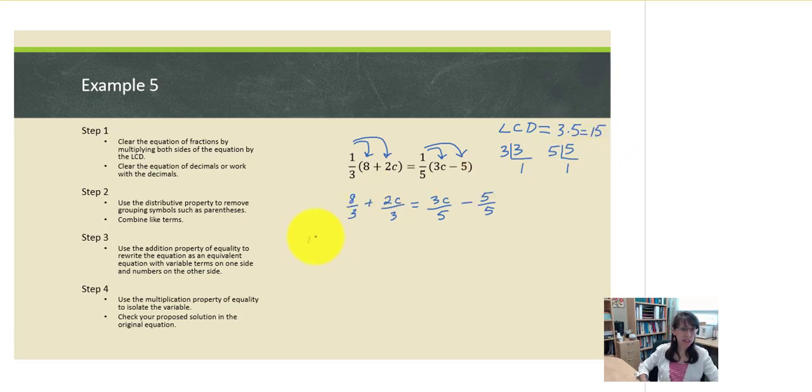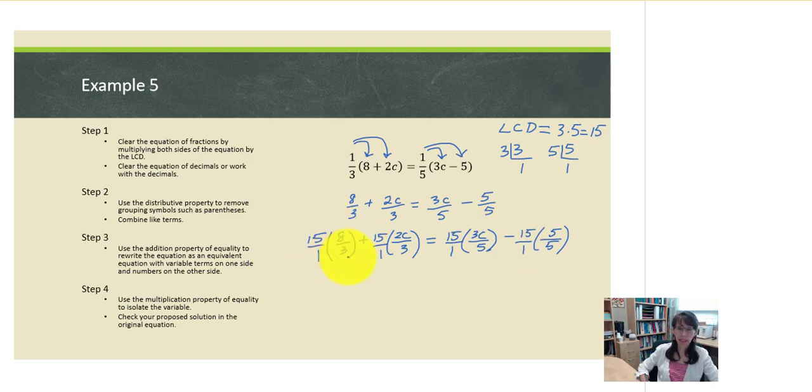So I'm going to take 15 and multiply that by each term in our equation. So notice that 15 really could be written as 15 over 1, and it's fine to write that out if it helps you to track this better.